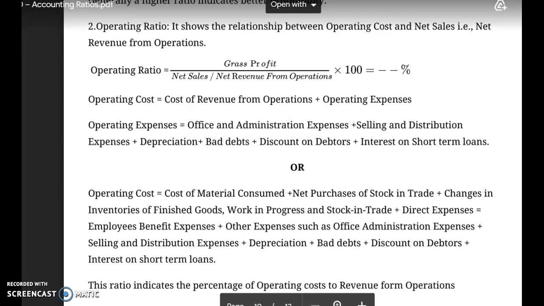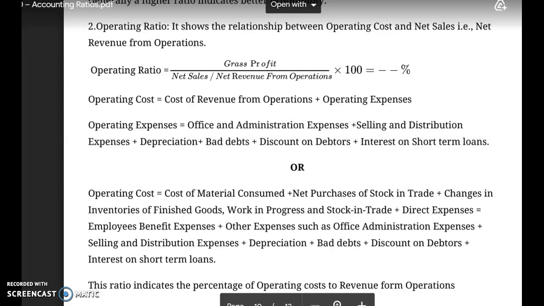Here the formula is given as gross profit divided by net sales or net revenue from operations, but instead of the words gross profit, it is given wrong. We have to use the words operating cost or the operating expenses. So the operating ratio formula is operating expenses or operating cost divided by net sales or net revenue from operations, and if we want to express our answer in percentage, we have to multiply with 100.